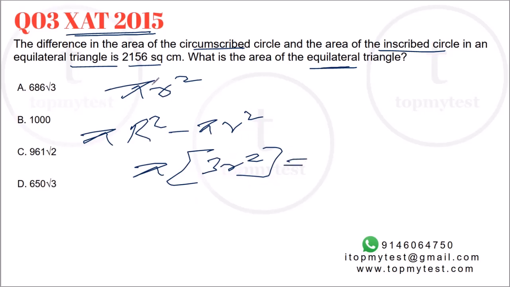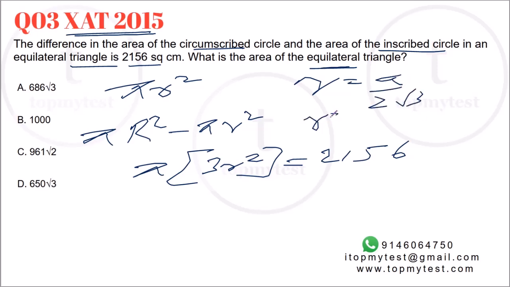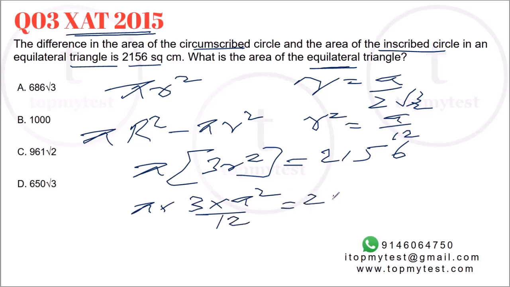Now this value is given as 2156. What is the value of r? r will be a divided by 2 root 3, which means r square will be a square by 4 into 3, that is 12. So we know pi into 3 into a square by 12 is 2156.